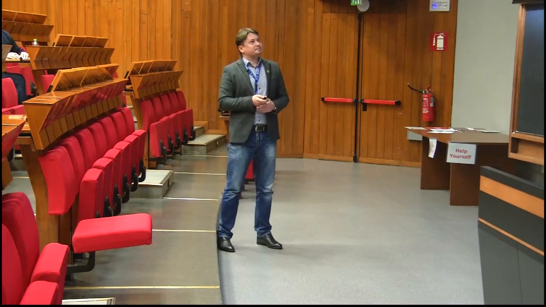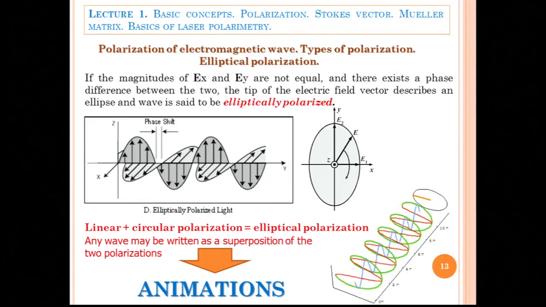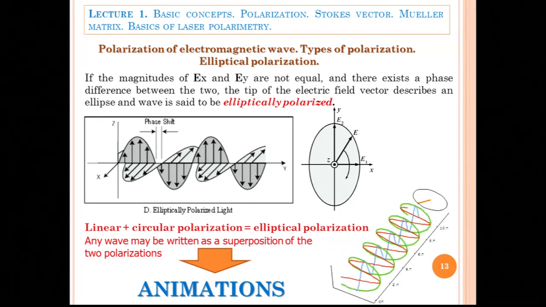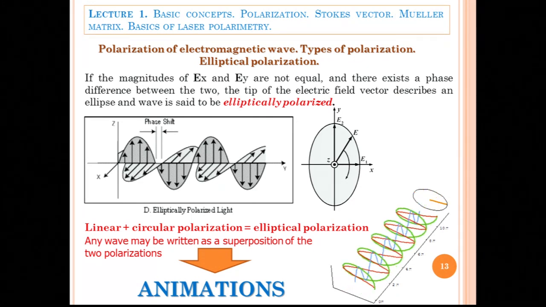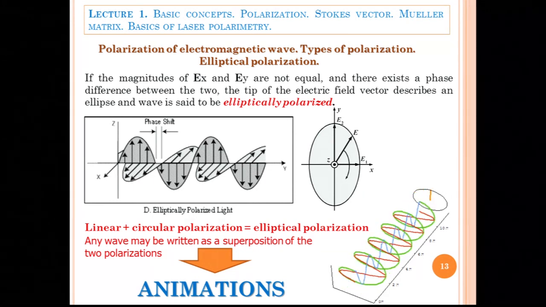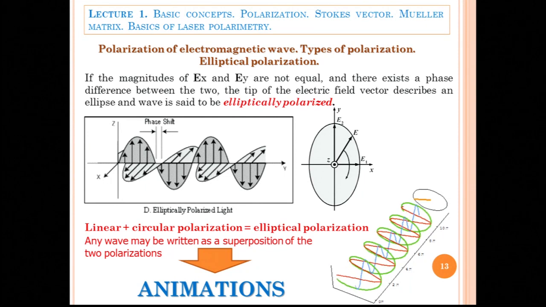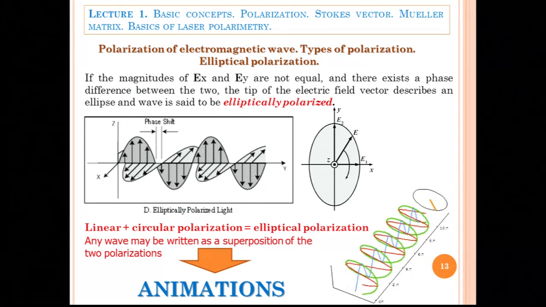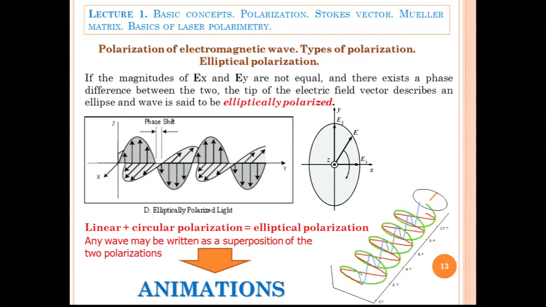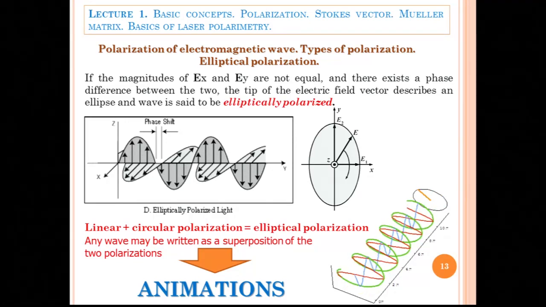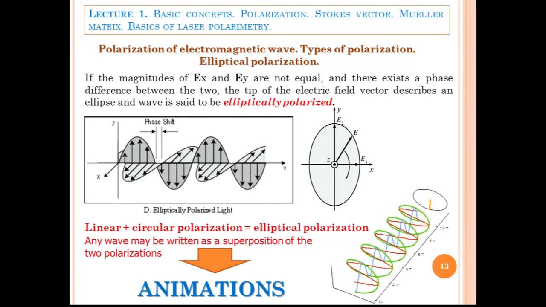Okay, let's continue with elliptical polarization. So, in the most common case, the magnitudes of Ex and Ey are not equal, and there exists a phase difference between the two. In this case, the tip of the electric vector describes an ellipse, and the wave is said to be elliptically polarized.